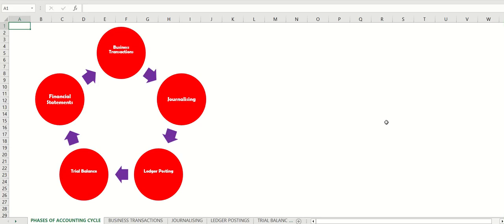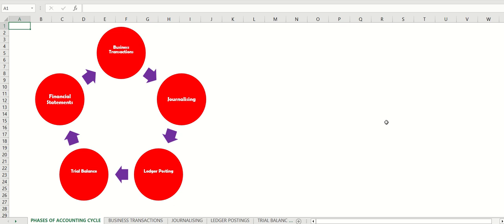So guys, I had already explained the phases of an accounting cycle in my previous video. Even in the Excel spreadsheet, I would be providing the diagram of the phases of an accounting cycle for a better understanding of the flow of the transactions.